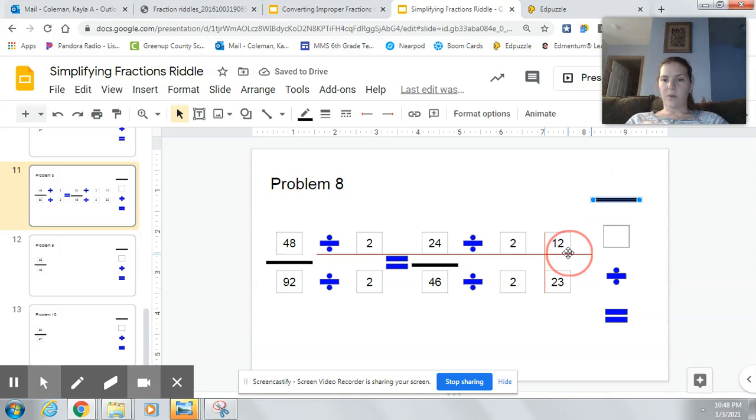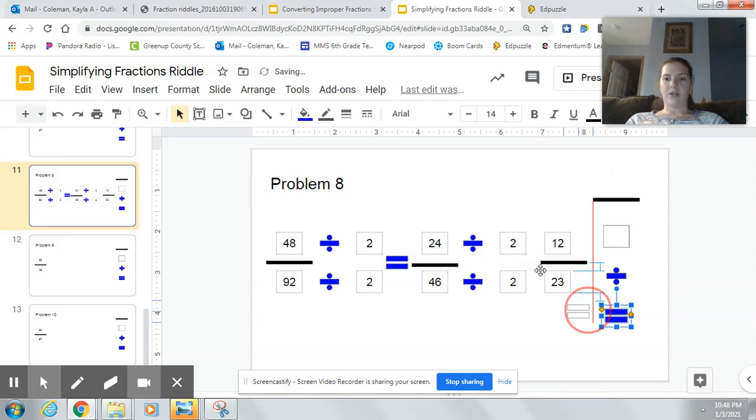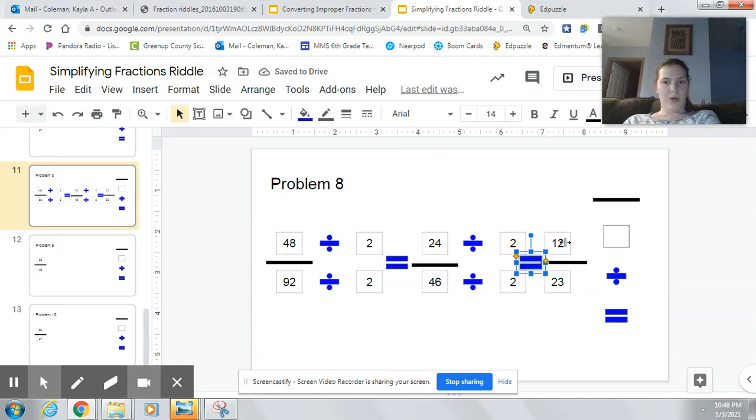23 is a prime number. That means that there are no other factors other than 1 and itself. You can only divide it by 1 and itself. 12 is not divisible by 23. Therefore, there are no common factors other than 1. So 12 over 23 is simplified.